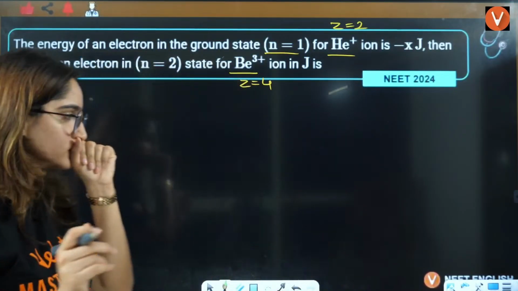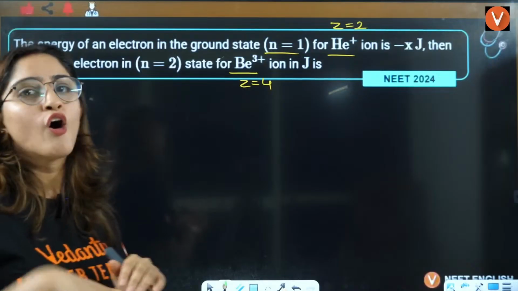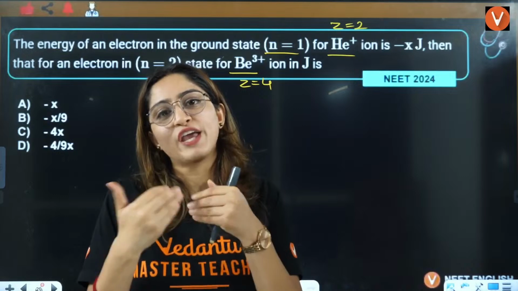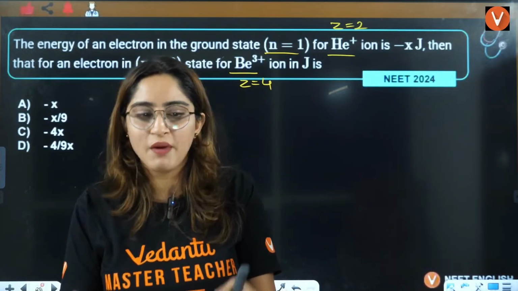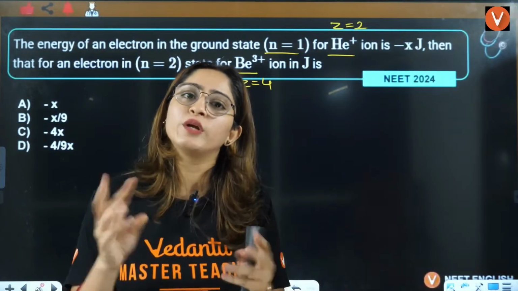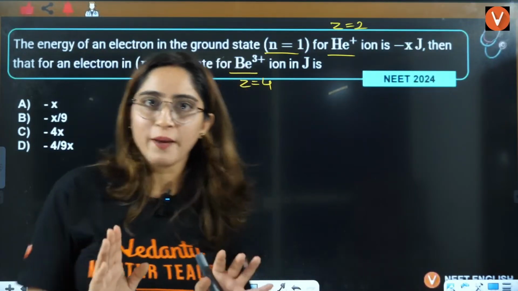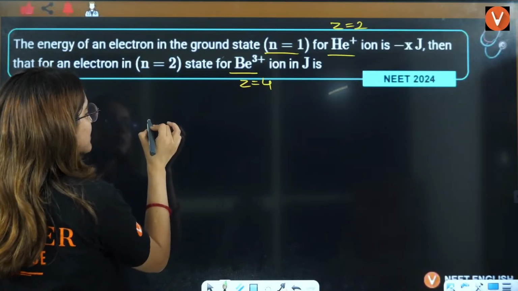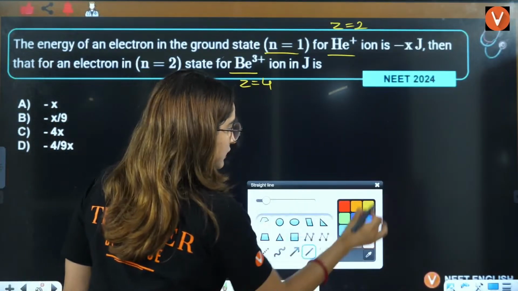Formulas of velocity, radius, energy might change, but the way of asking the questions is the same: either a direct formula or taking the ratio. Those are the only two cases in which they can ask you the question.